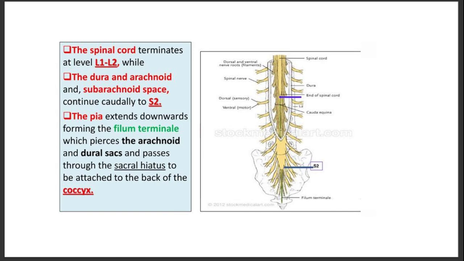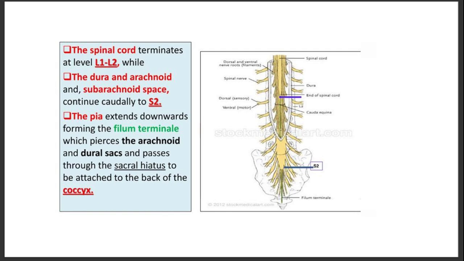The pia mater, which is the innermost layer, is going to extend downwards and form the filum terminale, which is the continuation of the spinal cord at the bottom here. The filum terminale will pierce the arachnoid and dural sacs and pass through the sacral hiatus.